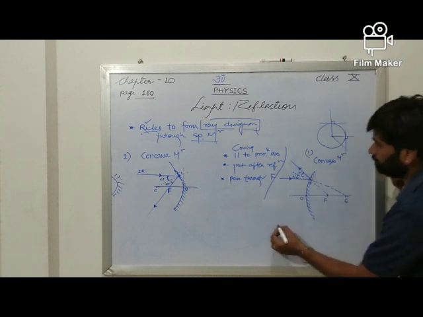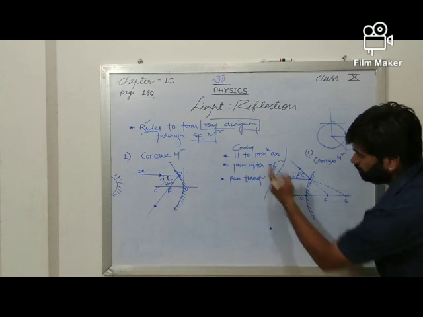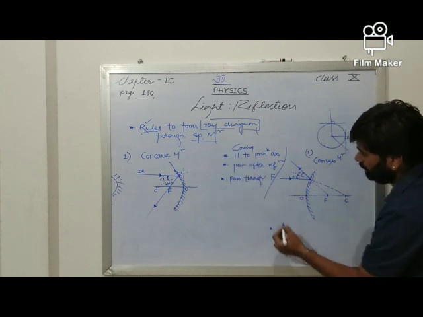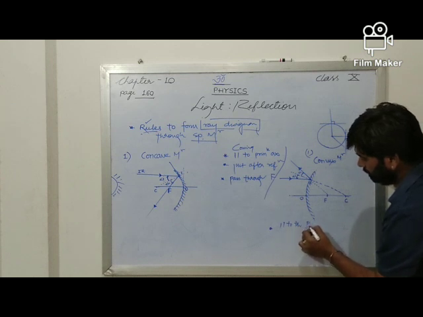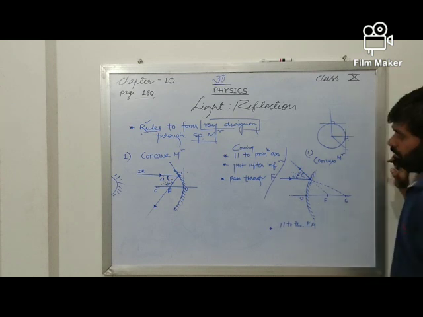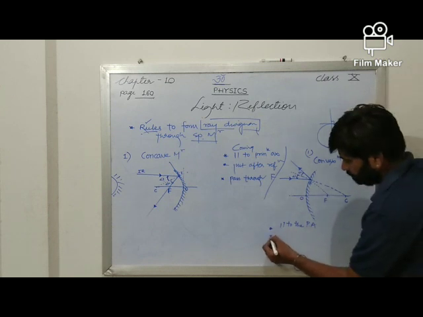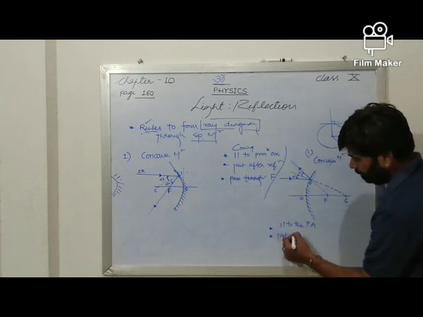Now see one by one, again the similar one. The first one is the same: parallel to the principal axis. The second one is also just after reflection.